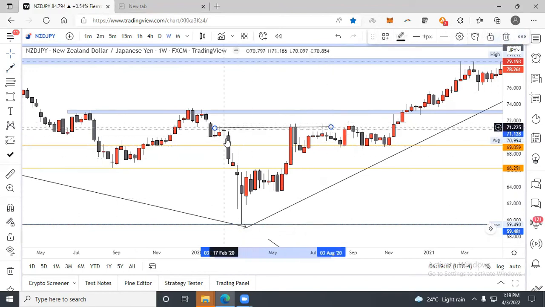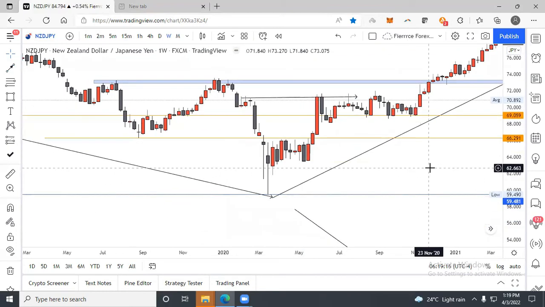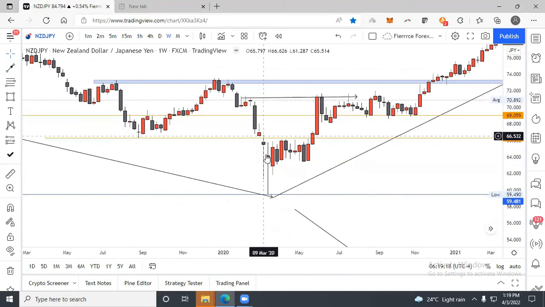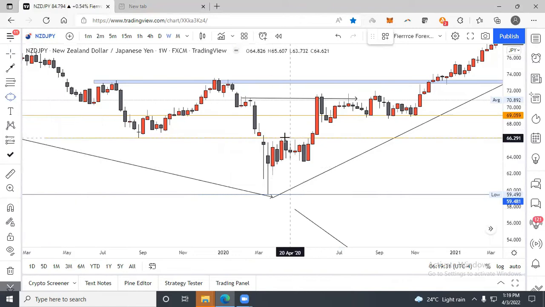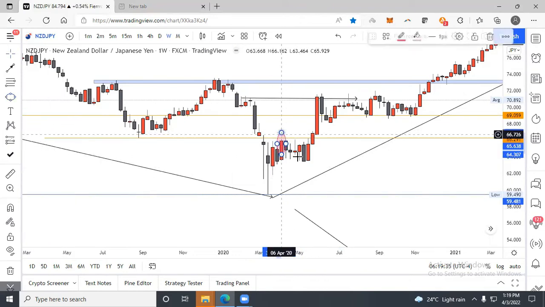So this structural level, now I'm zooming in. So I can see this move down. It was taken out, right? Now, what this means is that there was a structural level here, because usually guys are like, where does price retest to?